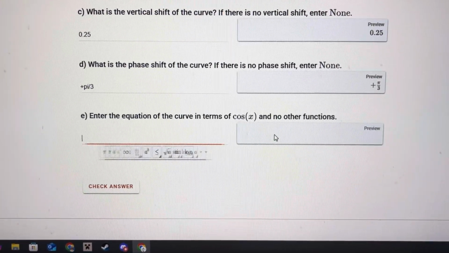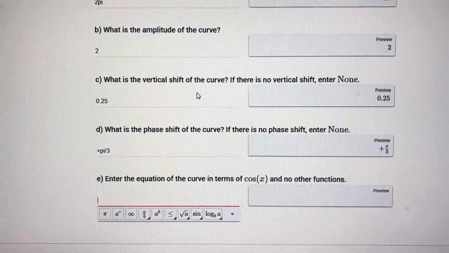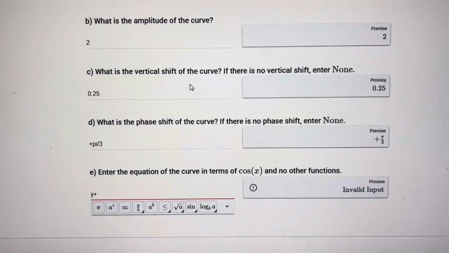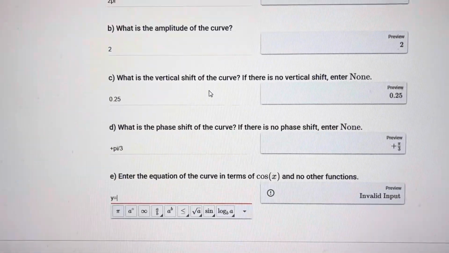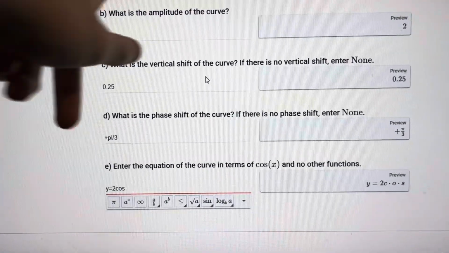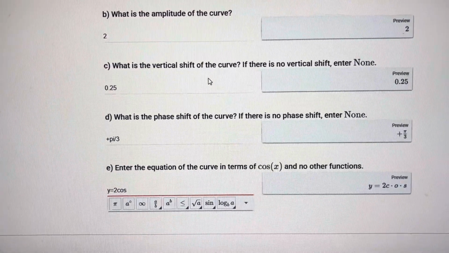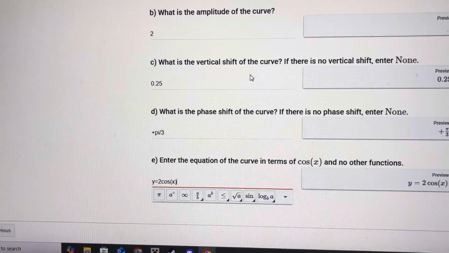Now enter the equation. With all this information, we do y equals first, obviously. You do amplitude first, which is 2, then cos. And since the period didn't change, we do x. Oh, right, not just x.